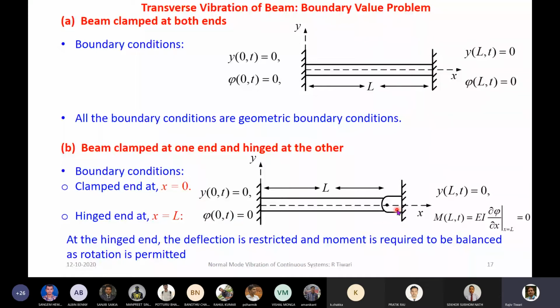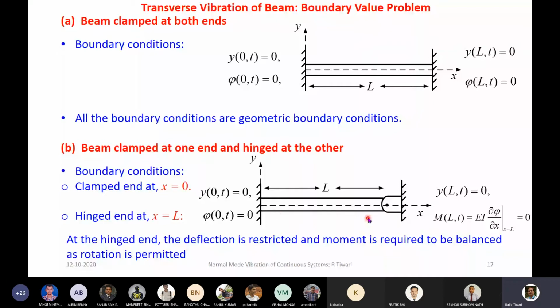But at the pin end, now slope is not 0, displacement is 0. When the slope is not 0, that means it is free to rotate, so it is not having any bending moment to resist that particular slope. So here the bending moment will be 0 at the pin point, apart from the displacement being 0. This is the change in the boundary conditions we find when we have the pin point.